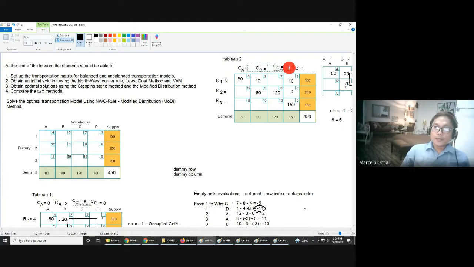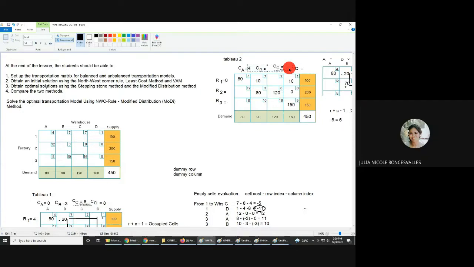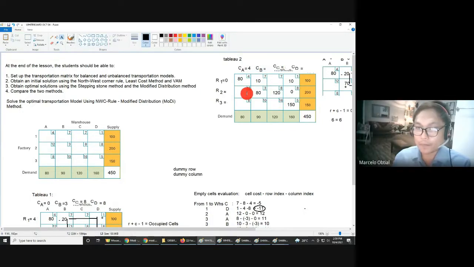That's 4 minus 0. 4, sir. 4. Okay, let's move to the occupied cell. Do not move to an empty cell. You cannot move here. Well, actually you can, if you want, because 1 minus 0 will give you C sub D. But you cannot move here, because both indices are empty.